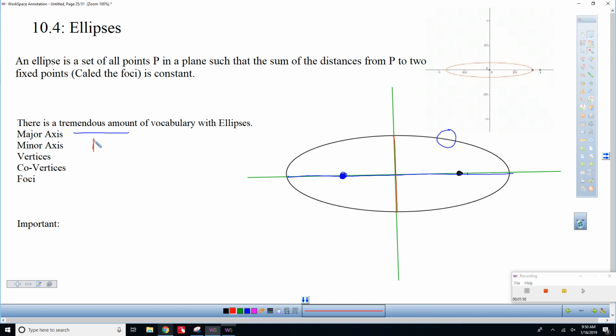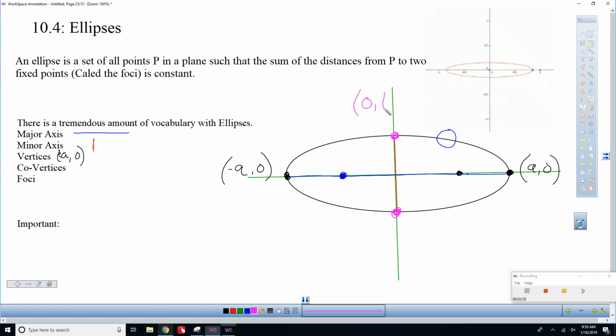Okay, there are vertices. The vertices, in all cases, contain the major axis. So this would be a, 0, and this would be negative a, 0. There are a lot of symmetric properties. So we'll just call it plus or minus a, 0. The co-vertices, we'll put in purple, and we're going to call that b.